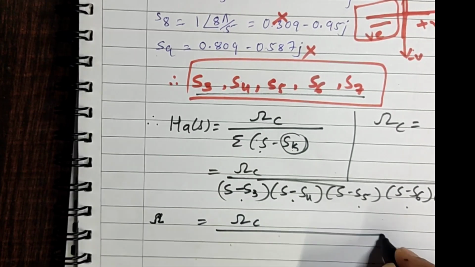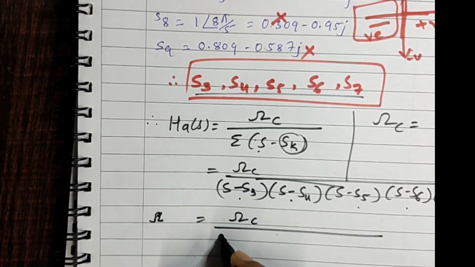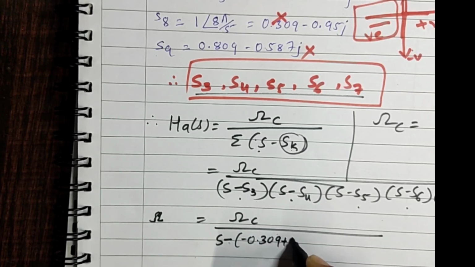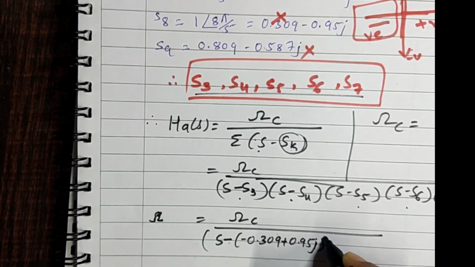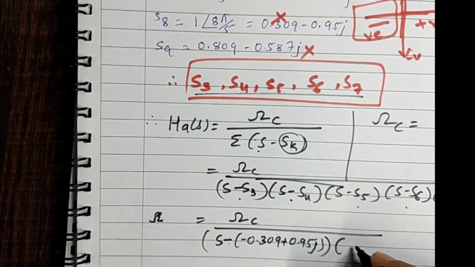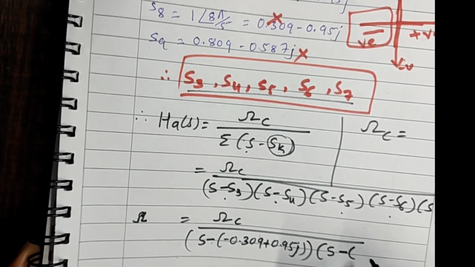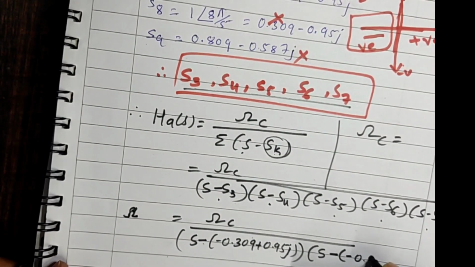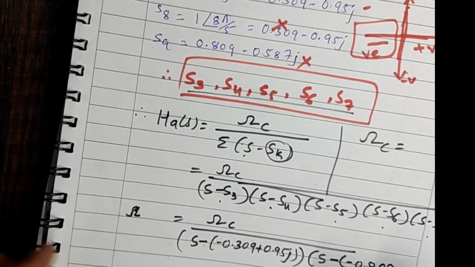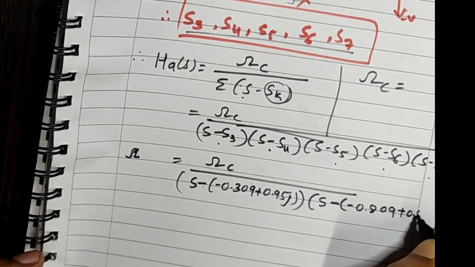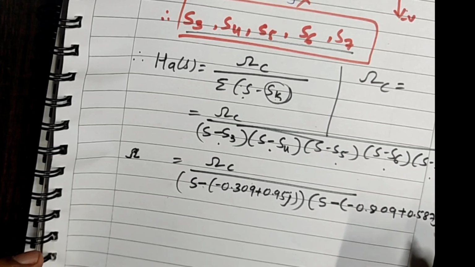Omega C divided by, we will substitute: S minus S3 is S minus, minus 0.309 plus 0.95j. This is S3. Next, S minus S4 is S minus, minus 0.809 plus 0.587j.